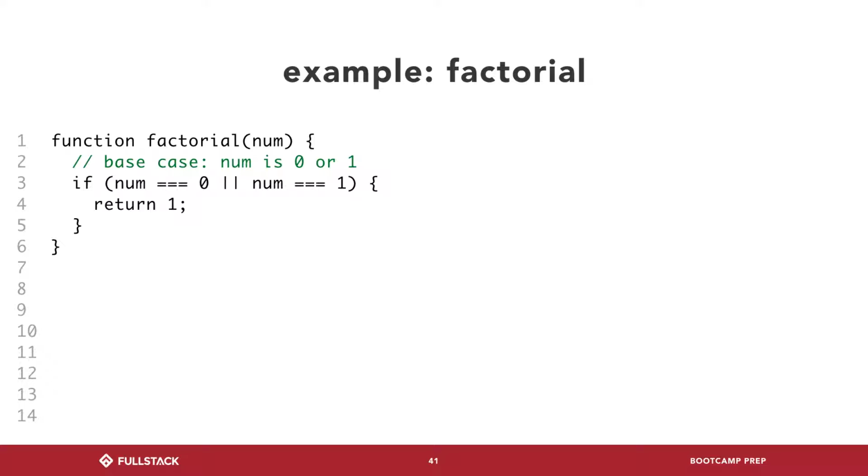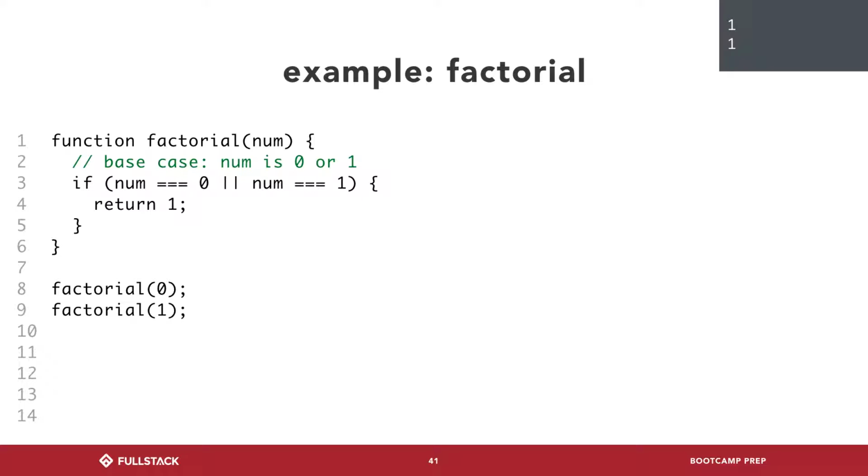It gets you out of the function. So when I hit num equals 0 or num equals 1, I'm done with this call of the factorial function. So I know I have a stopping point. When I call factorial 0 or factorial 1, I get 1 and 1. Really simple, really dumb, but this just makes sure that works.